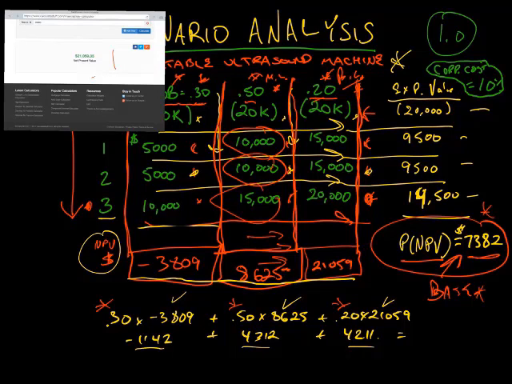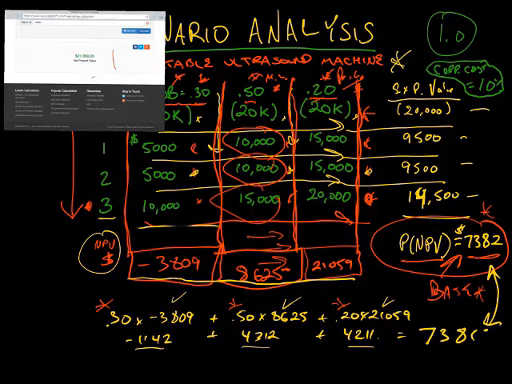Looks like we are getting, again, I've introduced a little rounding error into this whole thing. And then minus. Perfect. Well, within $1. Pretty close. Okay, so I do all that and I get 7,381. Again, I've rounded as I've gone along. So as you can see here, it's the same.